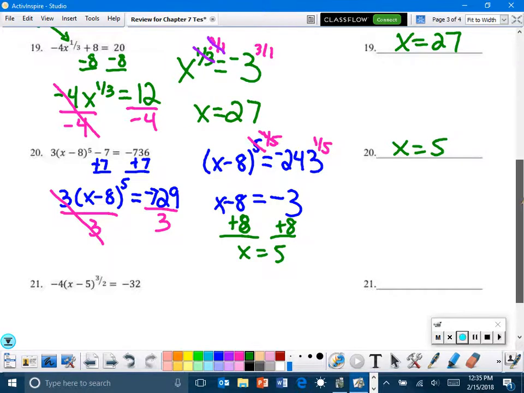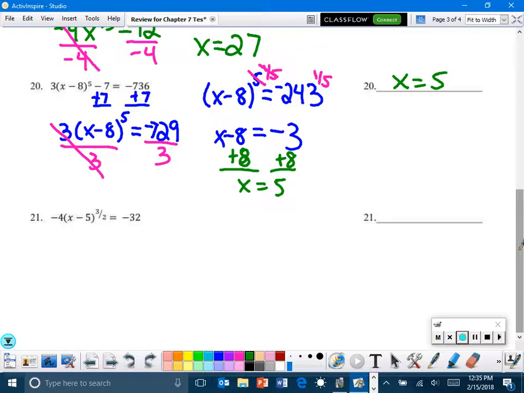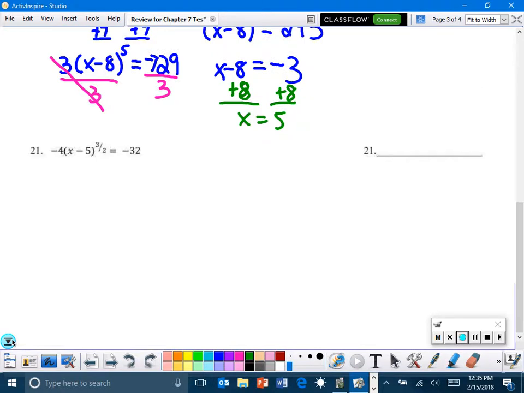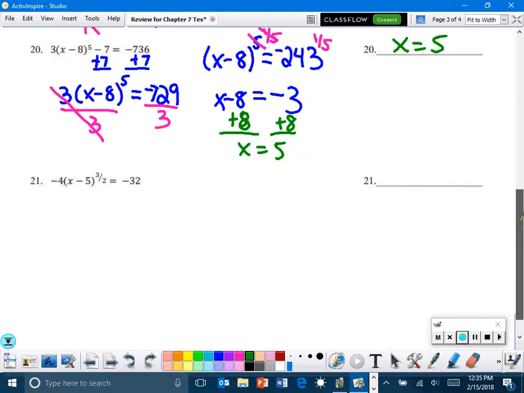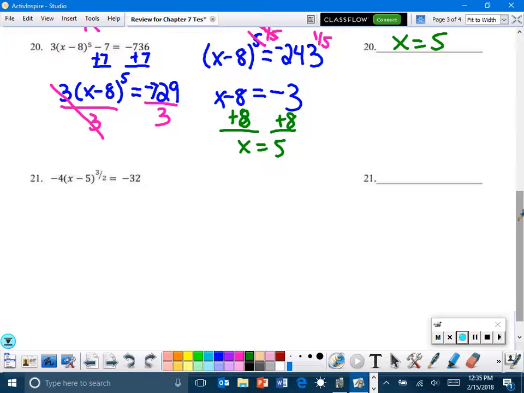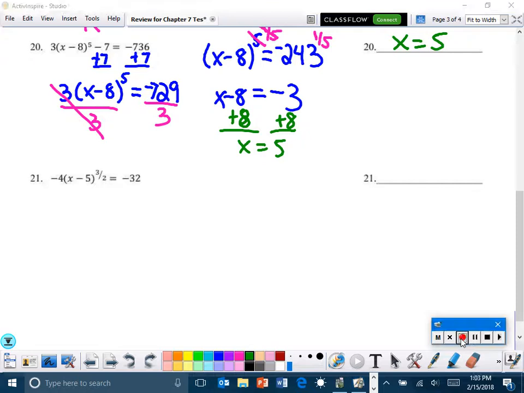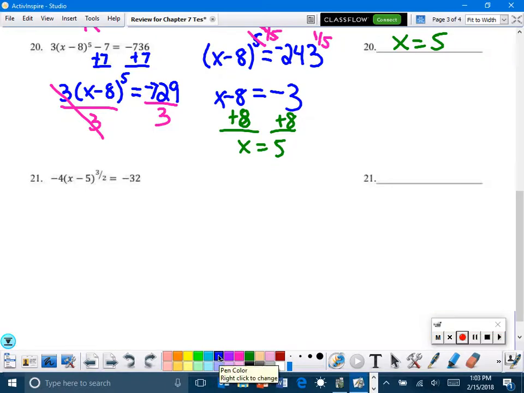All right. Problem number 21. Okay, on this problem, we're going to first need to divide by negative 4.